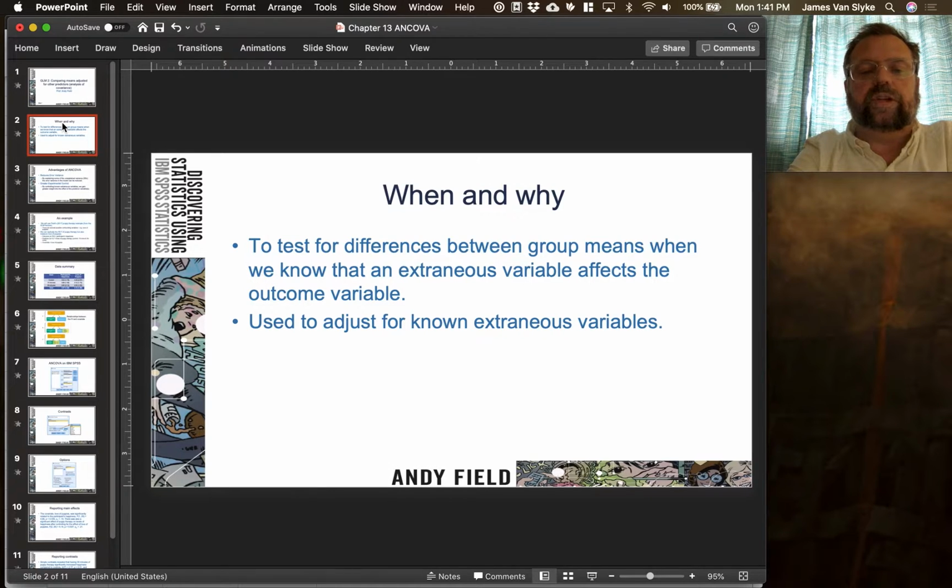What we do is adjust for the known extraneous variable to help us better understand the relationship between the independent variable and the dependent variable. The extraneous variable is often referred to as the covariate.